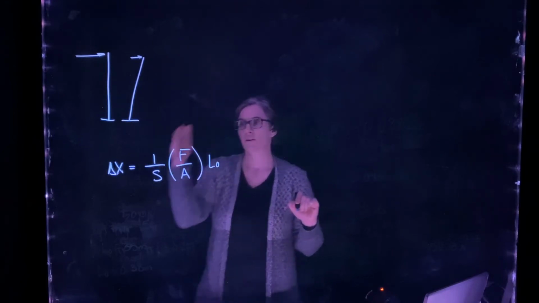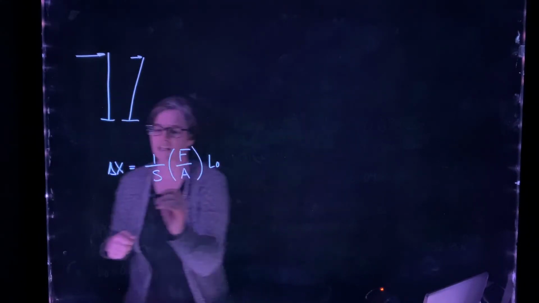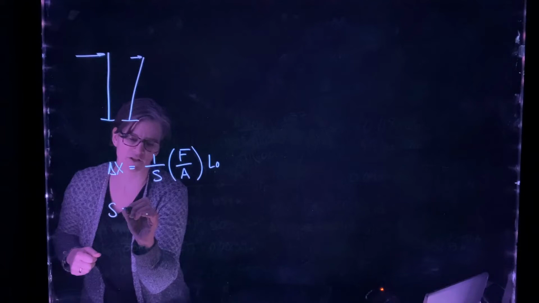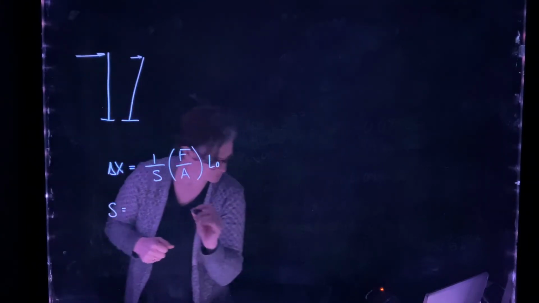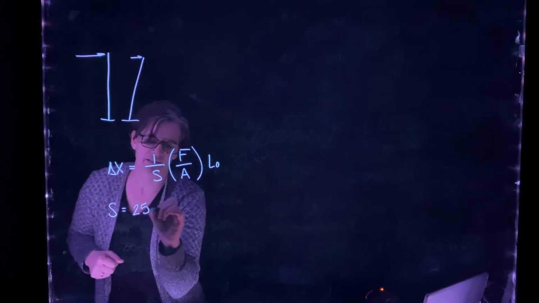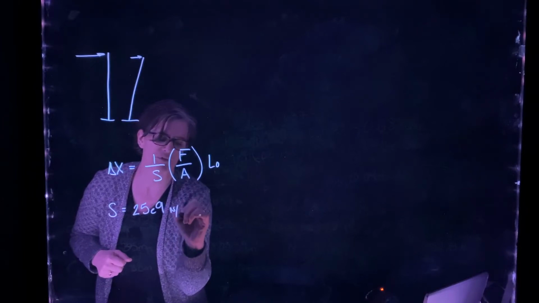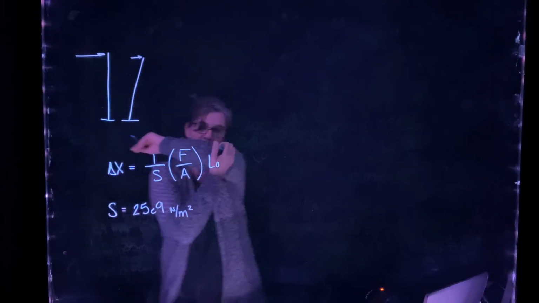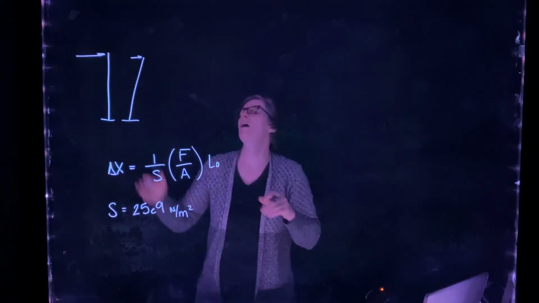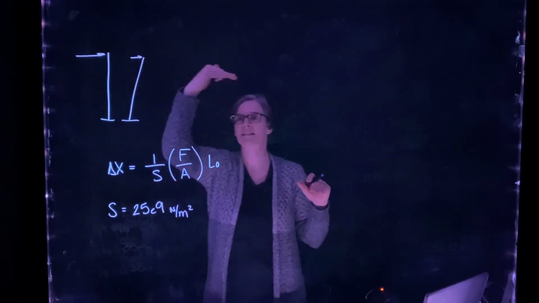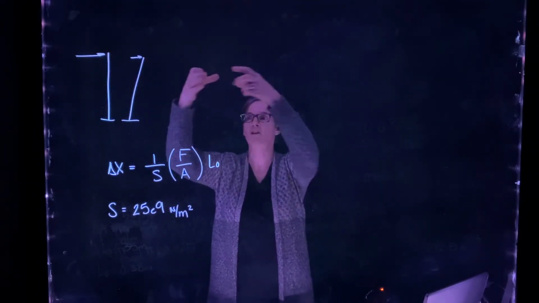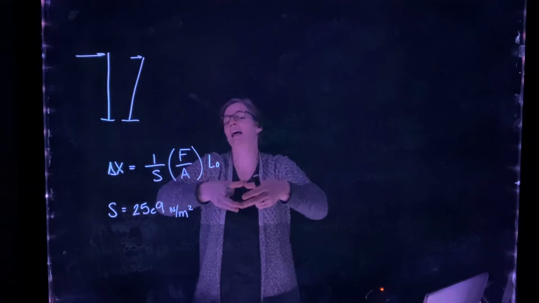So for aluminum, we know that that shear modulus is equal to 25 times 10 to the 9th newtons per meter squared. Our 900 newton force is acting perpendicular to the object. You can imagine the cylindrical flagpole.